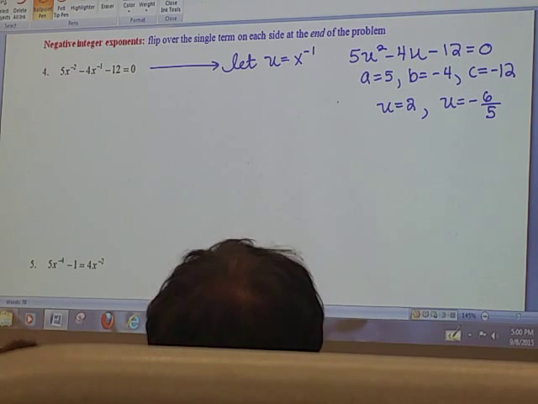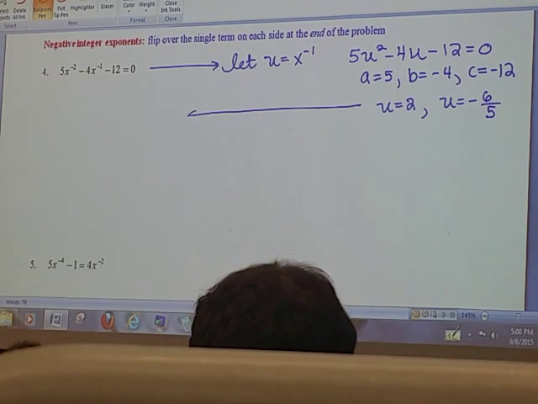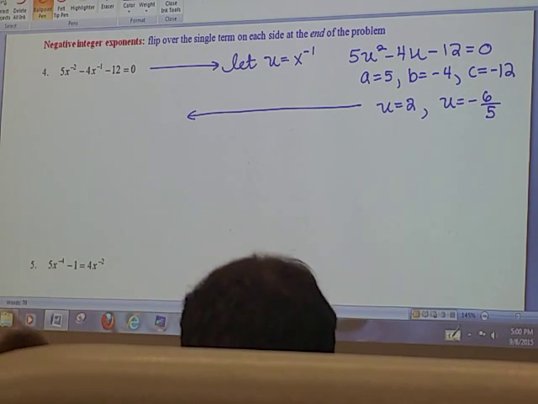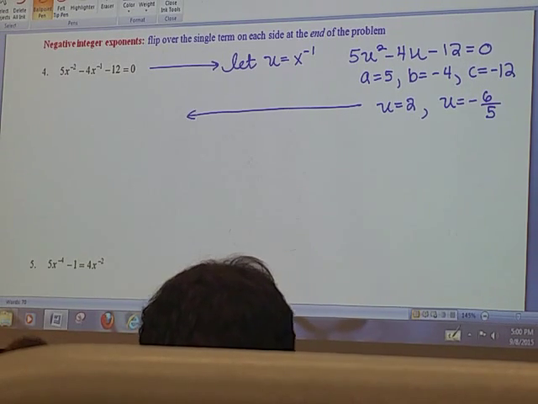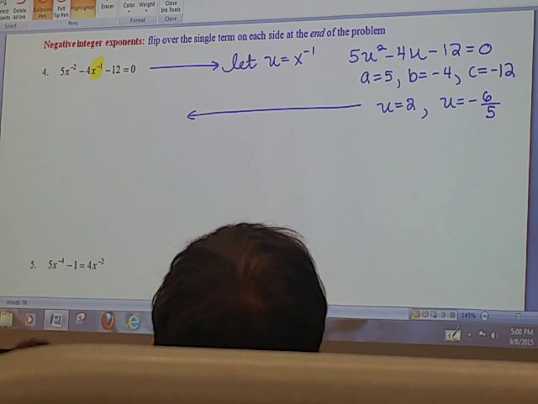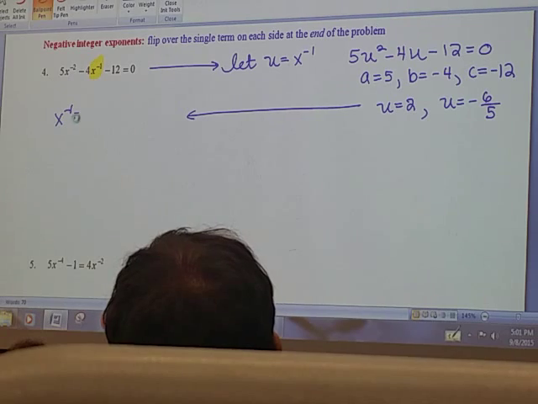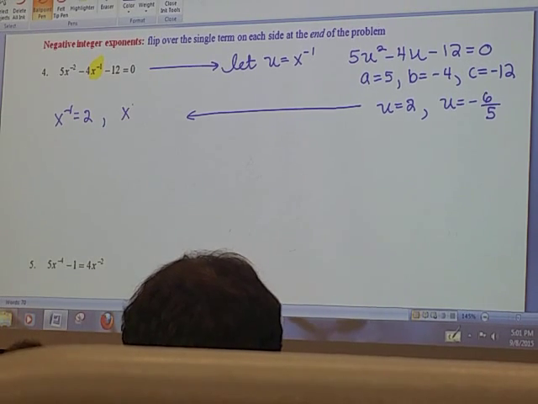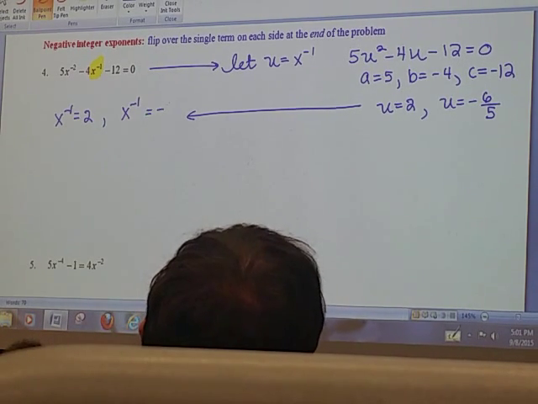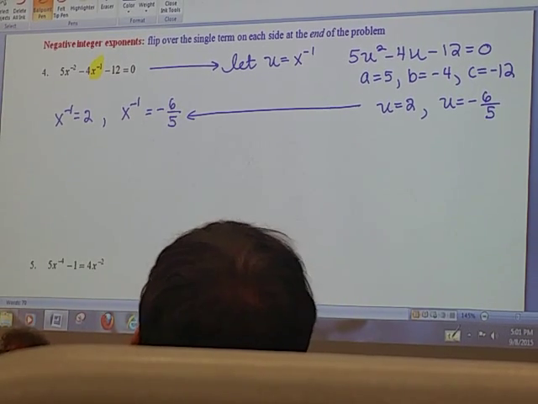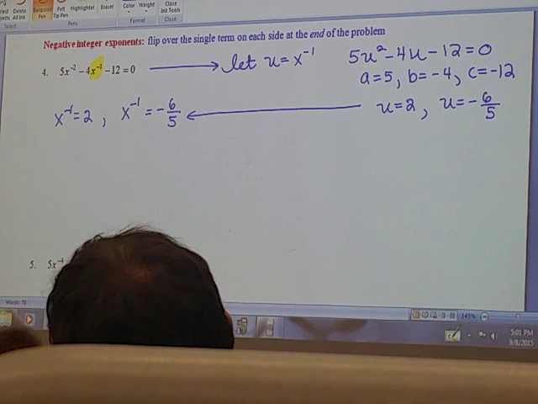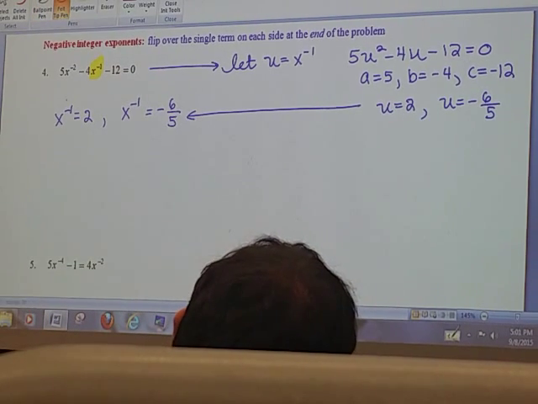Okay, back to the reality. So the reality is, it's not a u, it's this. Remember, it's all about the middle term. It's supposed to be x to the minus 1 equals 2. And x to the minus 1 equals minus 6/5. Now, this requires a different technique for solution. I don't have squares anymore, so I'm not going to say plus or minus the square root.